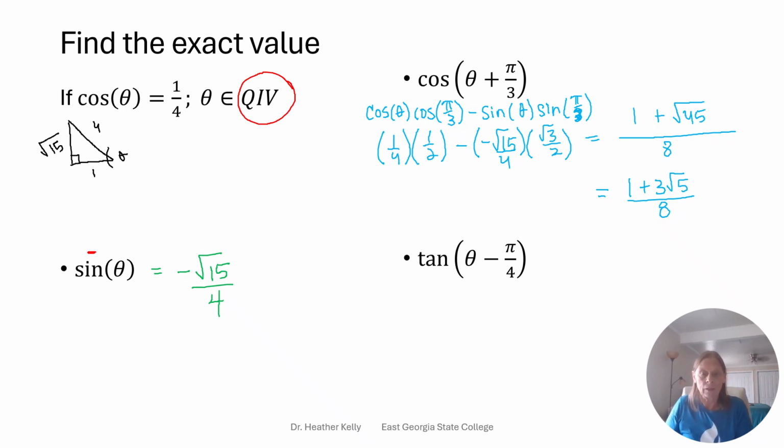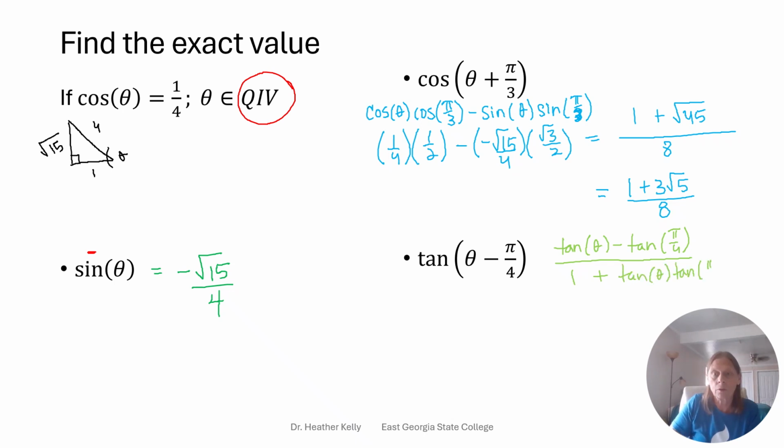Okay, and then let's look at this tangent guy. I'm going to write the formula down right here. It's tangent of theta minus tangent of pi over 4 over 1 plus tangent of theta times tangent of pi over 4. Let's plug it in. The tangent of theta is what I've been saying sine was all along, and the tangent is also negative in that quadrant.